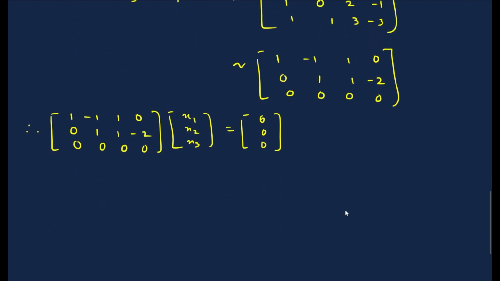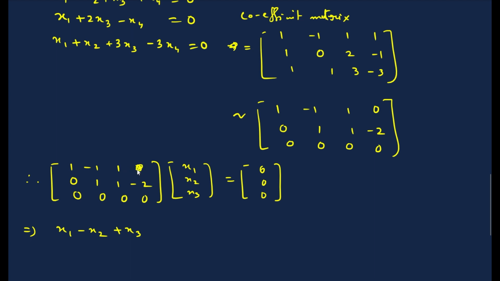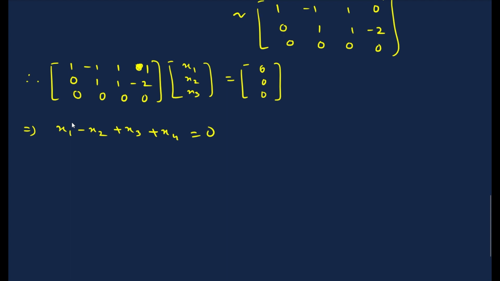Now if we multiply and compare, we will get 2 equations. The first equation is x1 minus x2 plus x3 plus x4 equals 0. So the first row multiplied with this and compared with 0 gives this equation. Then the second row multiplied and compared with 0 gives x2 plus x3 minus 2x4 equals 0. And the third is completely 0.